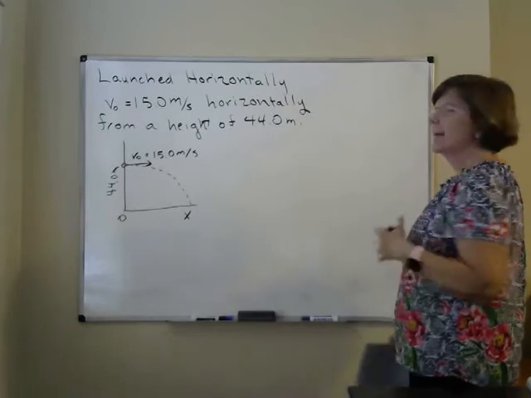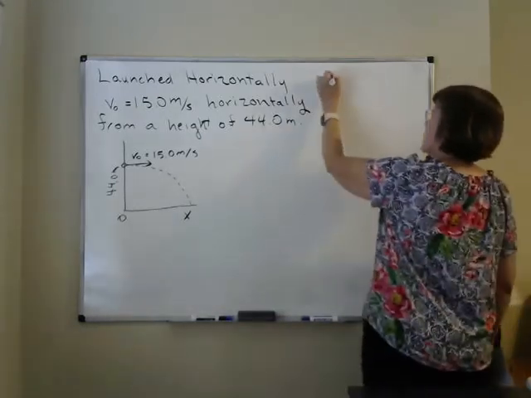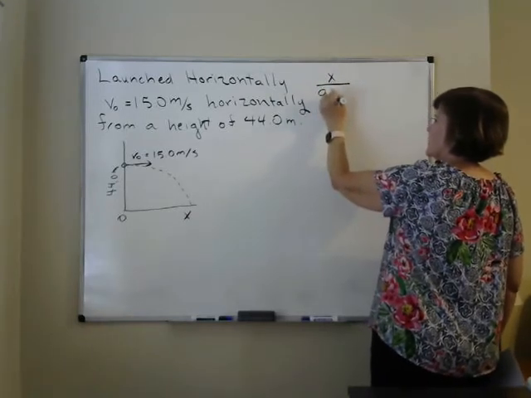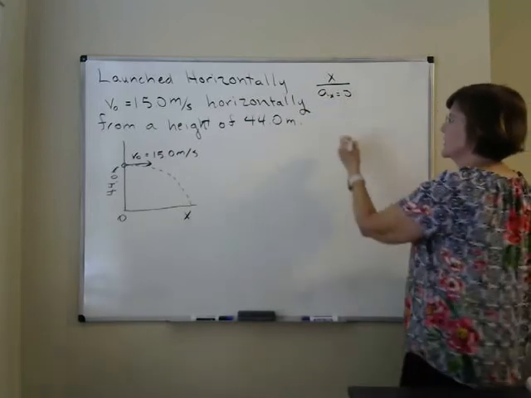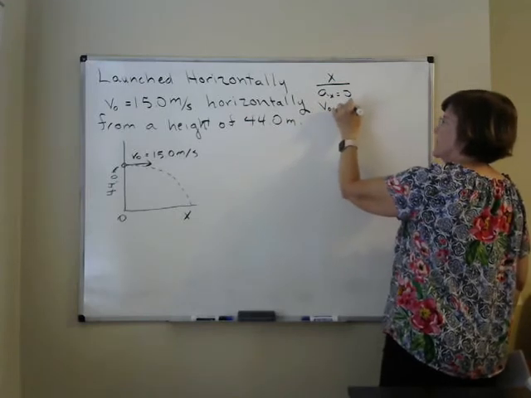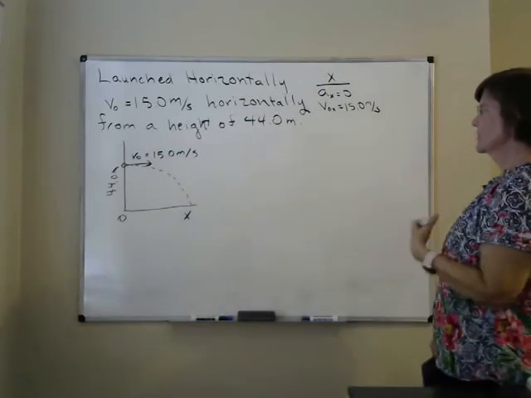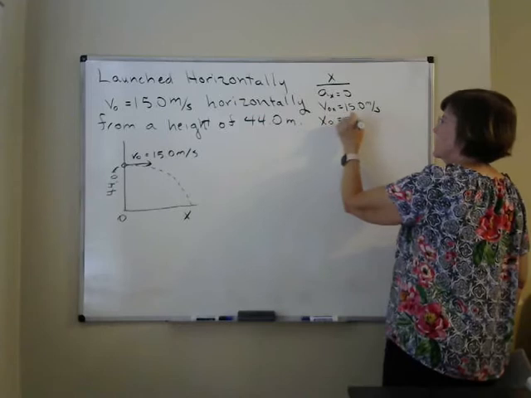If we want to think about our known quantities, it's always good to think about what we know. Horizontally, we know the acceleration is 0 because we don't have horizontal acceleration. We know our initial velocity is 15 meters per second because they said it was launched horizontally. And we know our initial position is 0.